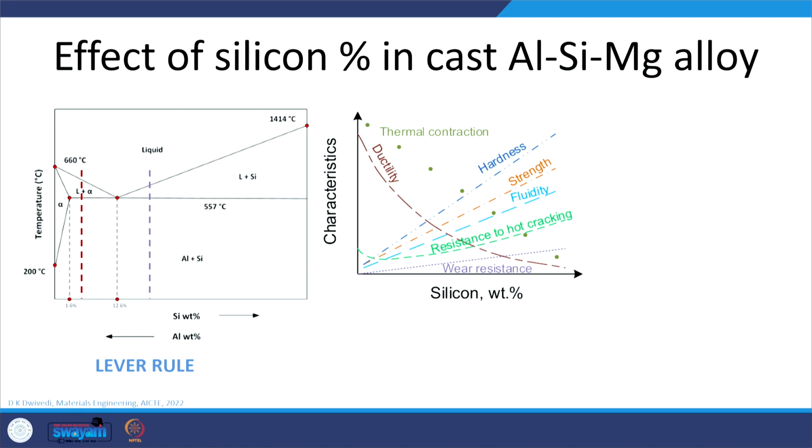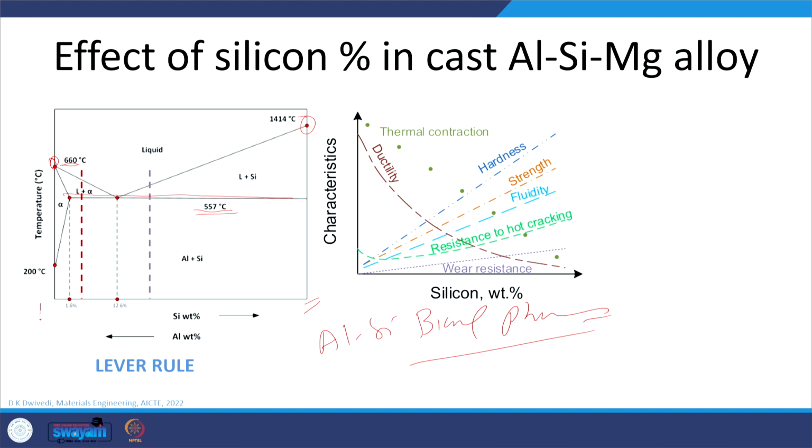So now we will see how we can estimate the proportion of the different constituents. For that we have to see the aluminum silicon phase diagram. This is the binary phase diagram of aluminum and silicon. The eutectic is formed here at 577 degrees centigrade. Pure aluminum melts at around 660 degrees centigrade, and silicon at about 1414 degrees centigrade.